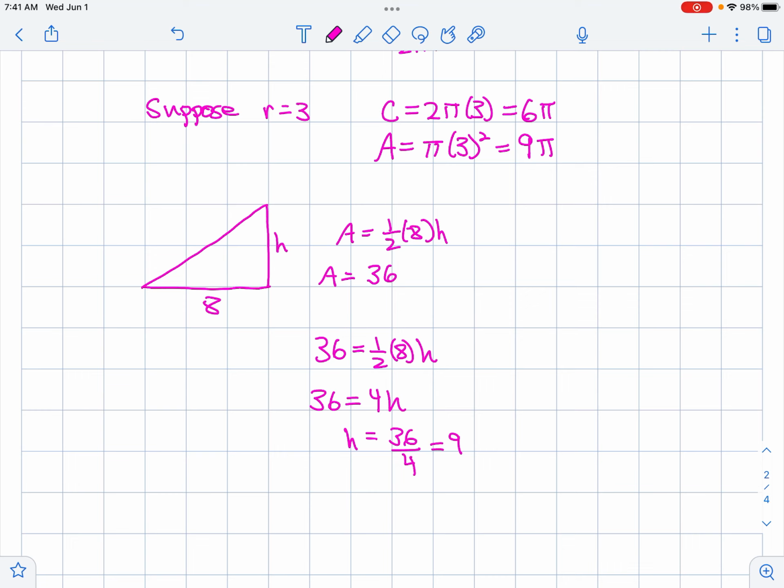Right? So H is equal to 9. Now dig this. So area equals 1/2 times 8 times 9. So that would be 4 times 9, which would be 36. Okay, we just did a little algebra there. Now these are the types of problems that we need to be able to work.